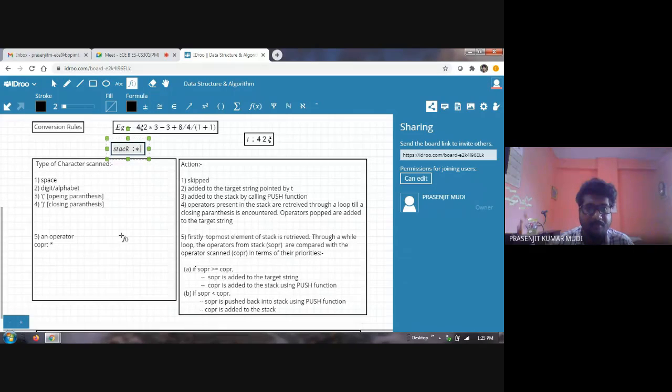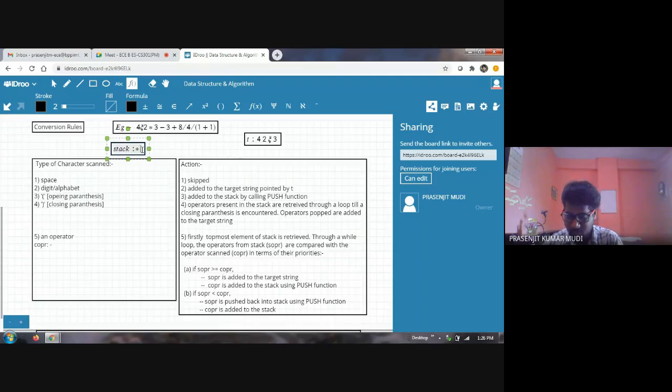Okay, this is the thing. Next comes 3, a digit, simply going to the target string. Next, minus. Again, rule number 5 will be applied. Now COPR is minus and SOPR is star. This will be compared, right? Star is popped.